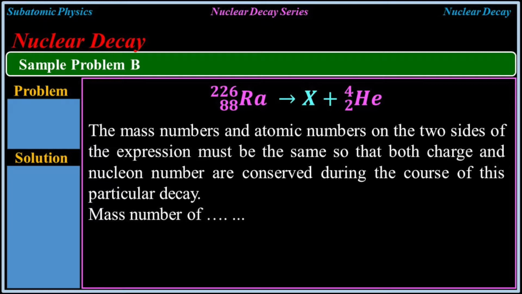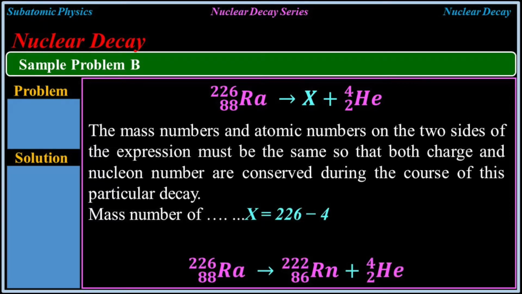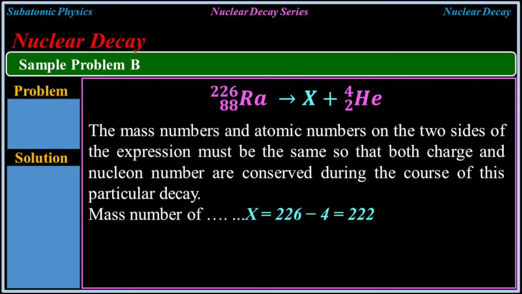So the mass number of X equals 226 minus 4, and 88 minus 2 is 86.